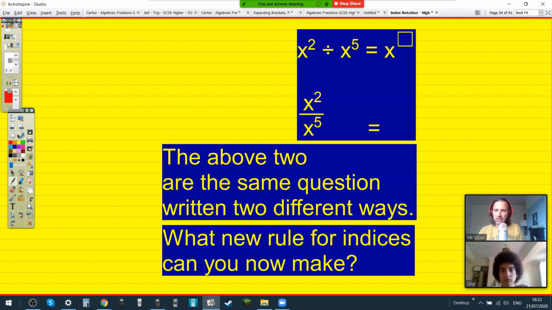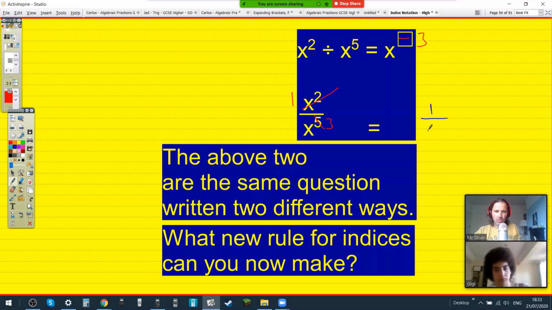What is the answer here? Is it 8 over... Oh no, not x to the power of minus 3. Yep. And then another way of writing it is over instead of divided by. If you did it that way, it would cancel down to be that.